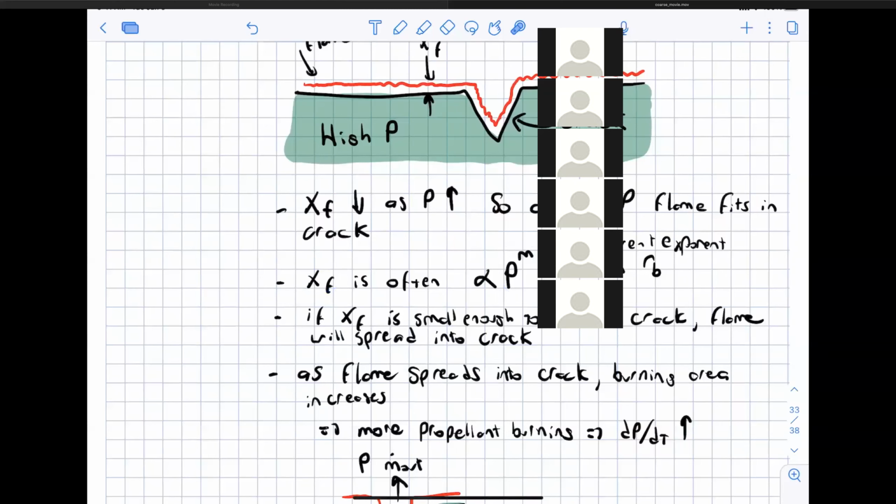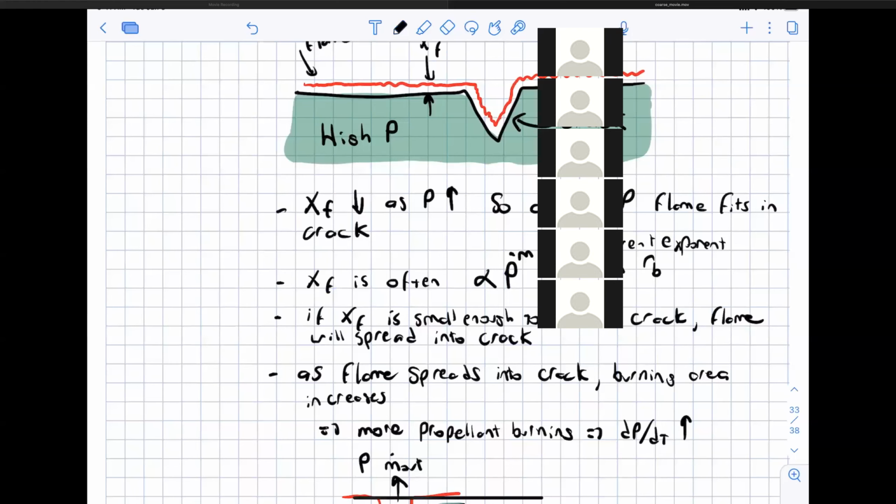It's a different exponent than the burning rate, and it's dependent on the propellant, et cetera. But basically, this shows that this distance decreases, p to the minus m, I should say, it decreases with increasing pressure.